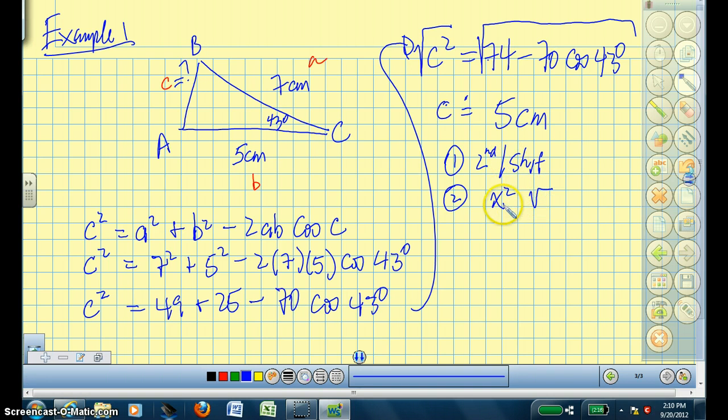So shift x squared, which gives you the square root. Then you would enter bracket 74 minus bracket 70 bracket cos 43 close bracket, and then hit enter or equals.